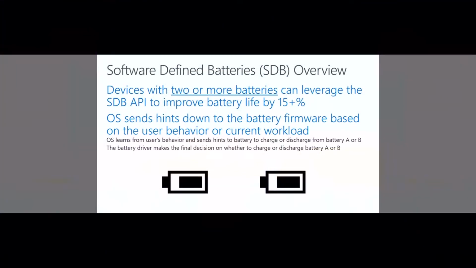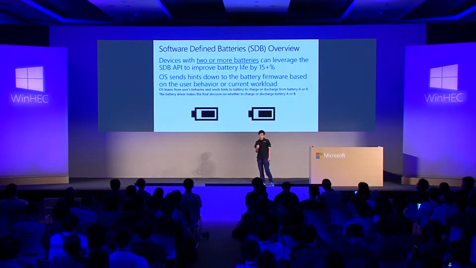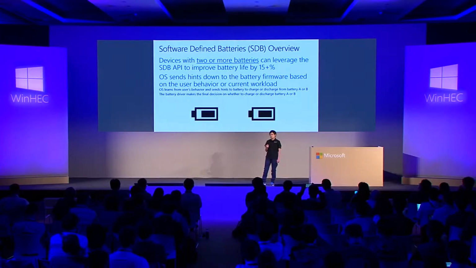Software-defined battery, which is a built-in OS component, learns from the user behavior and sends hints to the batteries to charge or discharge from battery A or B. The battery driver makes the final decision on whether to charge or discharge battery A or B. This feature adds value because the OS knows when and how our users use their machine, and battery firmware does not have access to this information.